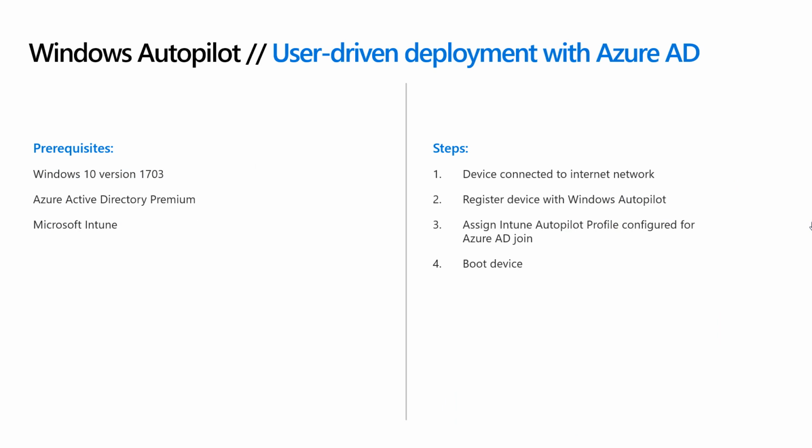Okay, user-driven mode. Windows 10 1703, Azure AD Premium, and Intune. So what you need to do: the device needs to be connected to the internet, not to a corporate network, but to the internet. You need to register this device to Windows Intune. You need to assign an Autopilot profile to this computer, and then you need to boot this device, and that's it.